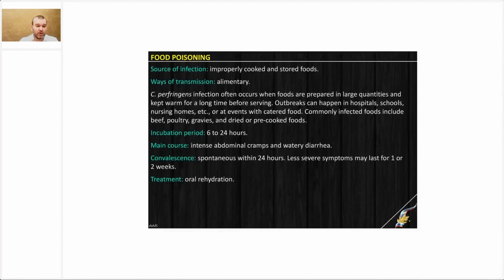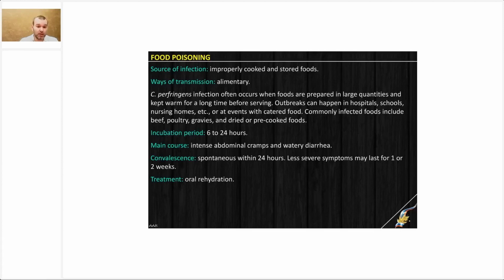So the first type of infection, which is prevalent nowadays, is food poisoning caused by Clostridium perfringens. Initially, it is transmitted by the alimentary way through improperly cooked or improperly stored food products. Usually, it is some type of food which is prepared in large amount and kept warm for a prolonged time.